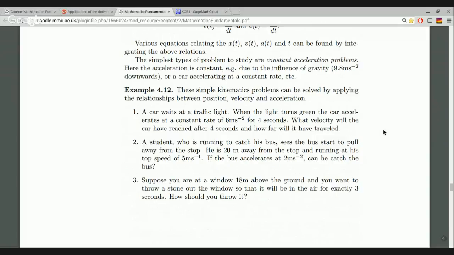So it's got 0 initial velocity. So the position of the bus at time t is t squared plus a constant, its initial position, but we've decided in the modeling that the initial position is 0. So the position of the bus at time t is simply t squared.